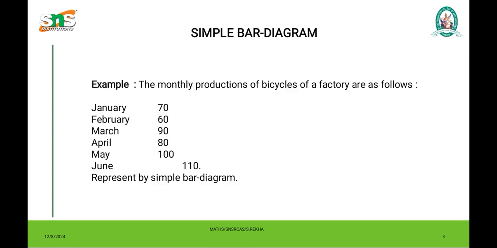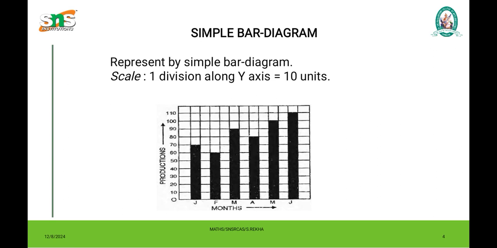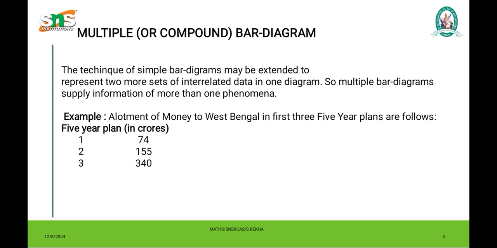Here the data is 70, 60, 90, 80, 100, 110, so we can easily identify the range as 10, 20, 30, 40. One division of the y-axis is 10 units, so 10, 20, 30, 40, 50, up to 110 units. This diagram helps us to identify a neat picture.